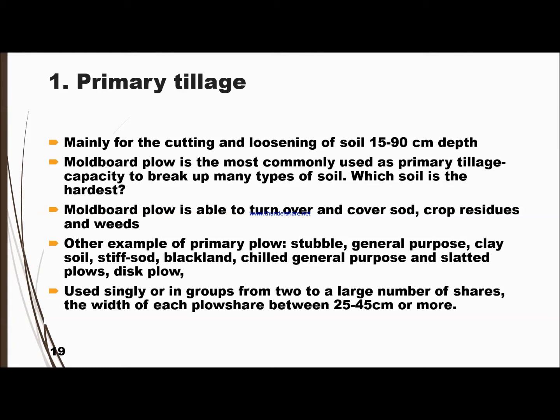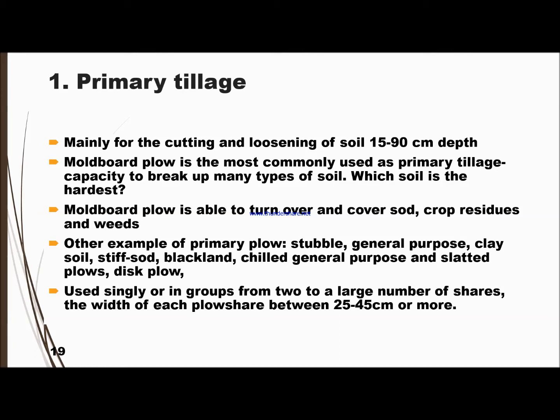We normally want to incorporate a big chunk of the soil first. And then another example of primary tillage is the stubble, general purpose, clay soil, steep sod, blackish, chill, etc. Using it singly or in a group, from two to a large number of shares, with the width of each plow share between 25 to 40 centimeters or more.